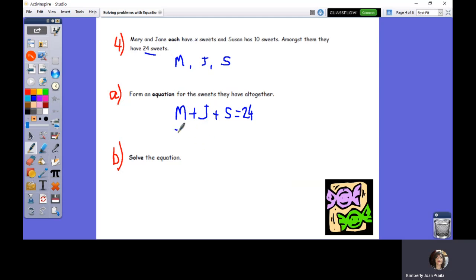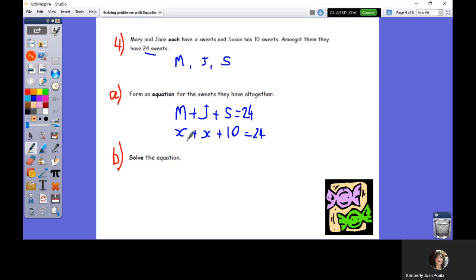So Mary has x sweets and Jane has also x. They have the same amount of sweets, but we don't know it yet, plus 10 sweets is equal to 24. Right, so here we have our equation.